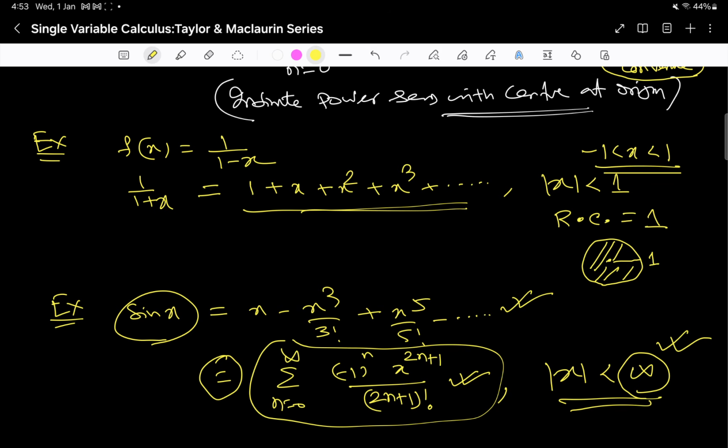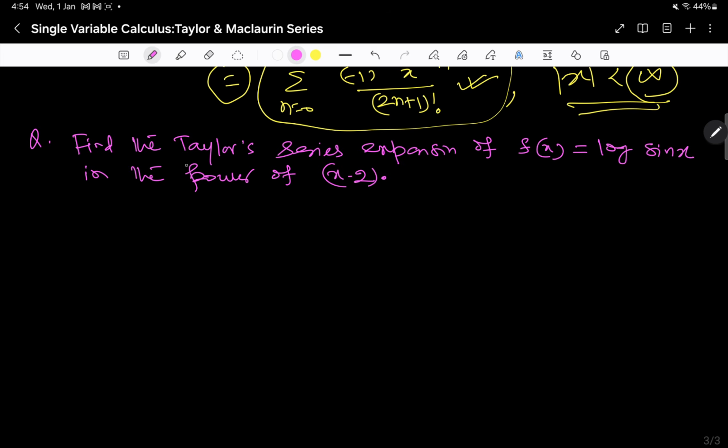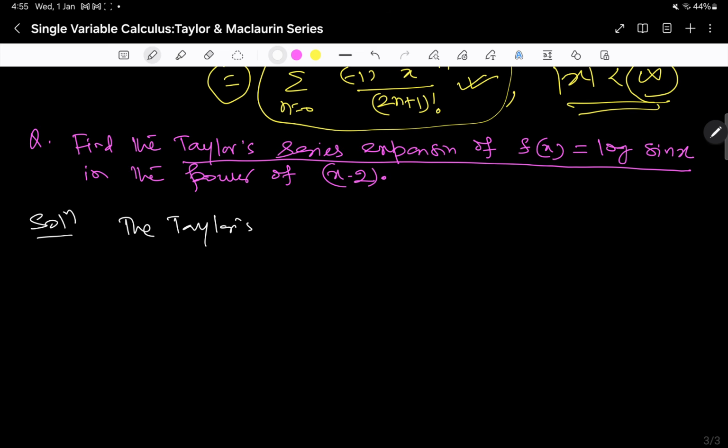Now let us discuss some examples for the Taylor series. You are asked to find the Taylor series expansion of log sin x. So what is the Taylor series expansion of f of x about x is equal to a?